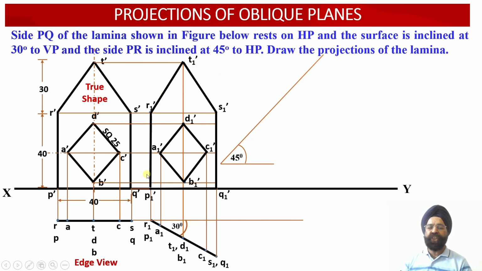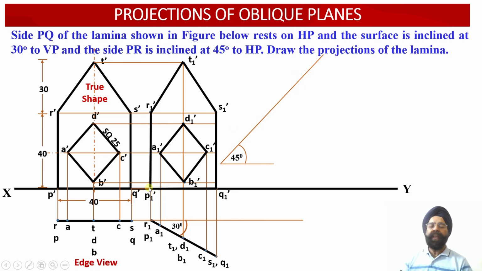So the apparent shape projections of all these 9 points, which we obtained in the front view, will be rotated at an angle of 45 degrees in such a way that the P1 dash R1 dash edge of the lamina is reoriented at 45 degrees with respect to the horizontal plane.